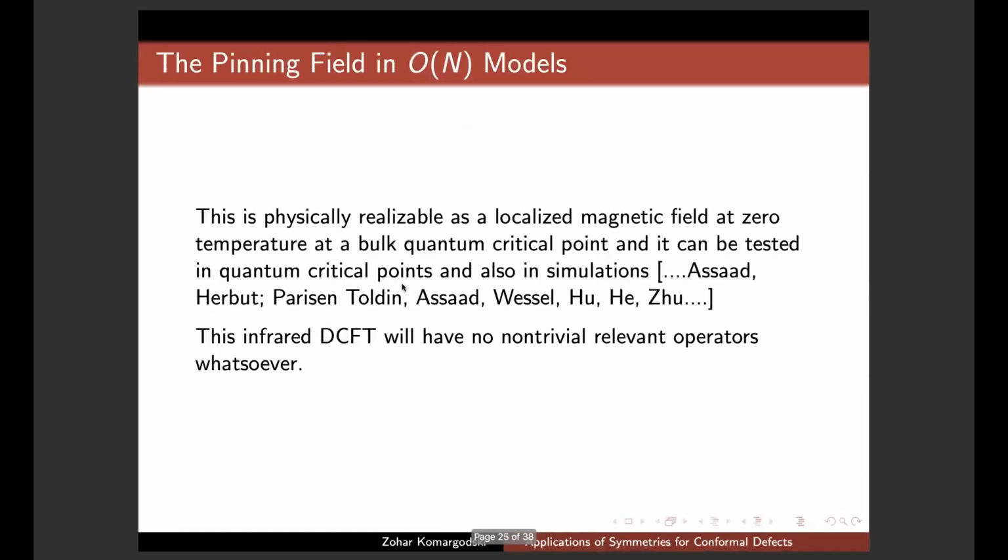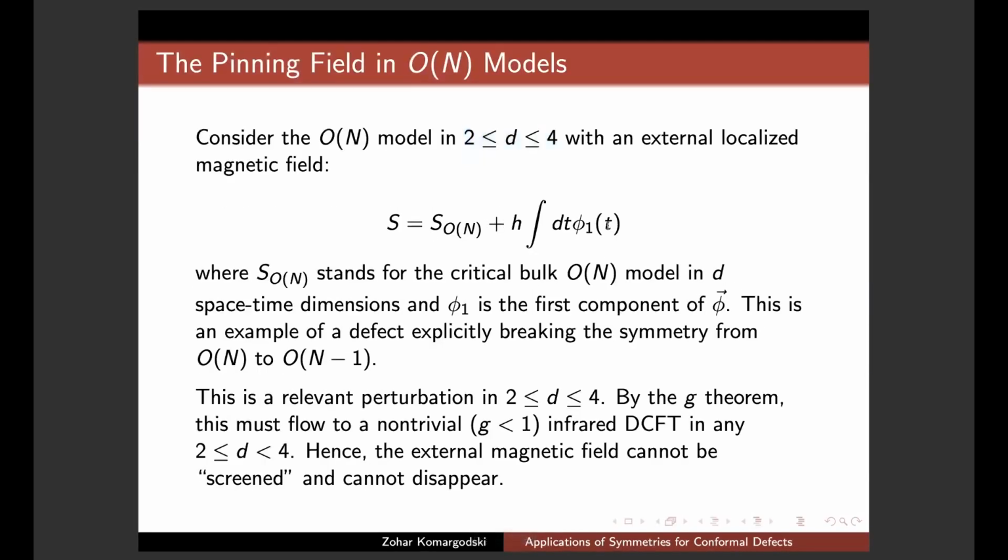So there is a question of what happens to magnets when you do that. This is represented by this line defect. So you essentially add the first component of the O(N) vector field, which is the O(N) Wilson-Fisher vector, at one point in space, at x equals 0, say. So this is localized at x equals 0.